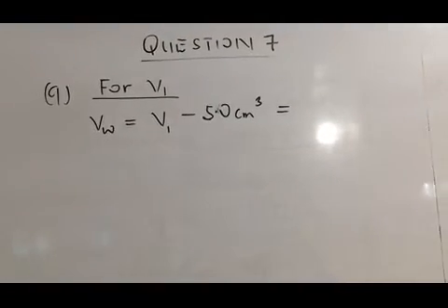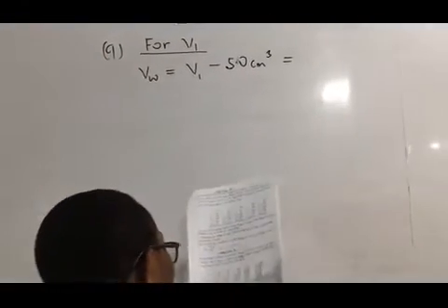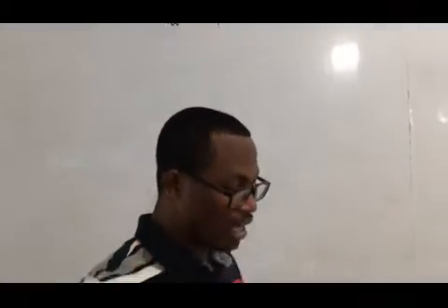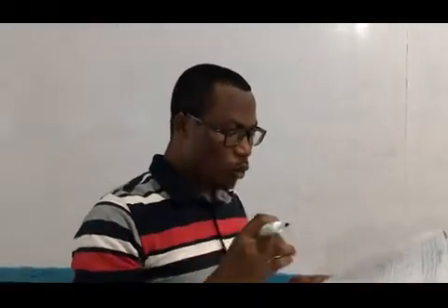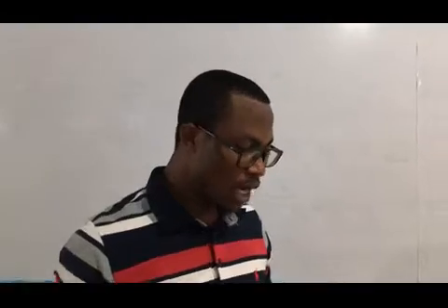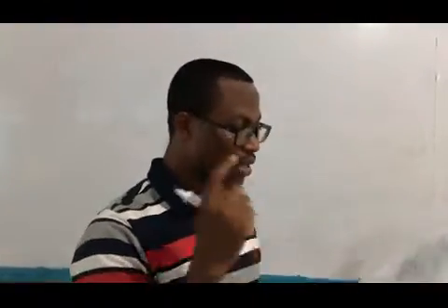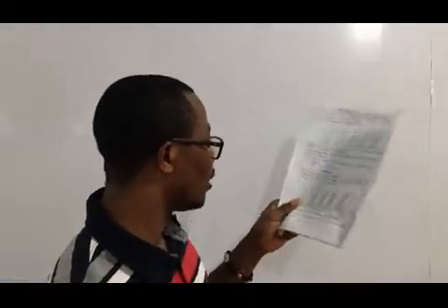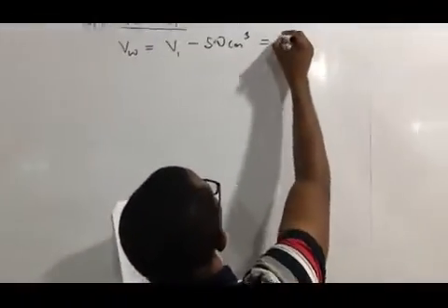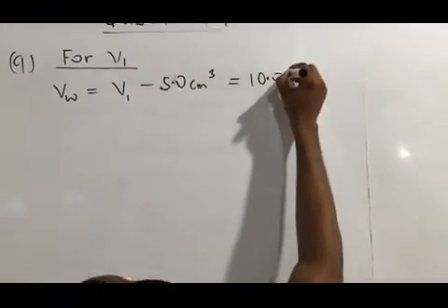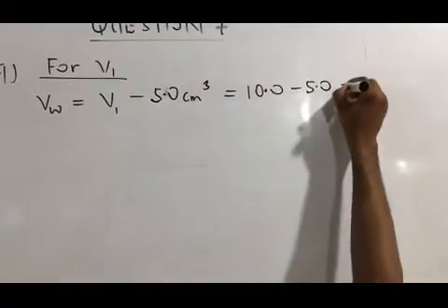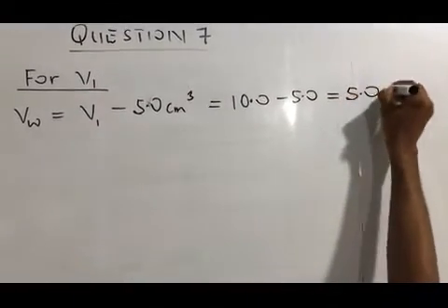If you read the volume for V1, please don't forget, as we did for question 1, you have to know the value of each of the smaller divisions. If you cross-check, between the 5 and the 10, you have 5 smaller divisions. So it will be 10 minus 5 over 5, which is 1. Just like question 1. So V1 is pointing to exactly 10. So that will be 10.0 minus 5.0, giving you 5.0 cm cube.